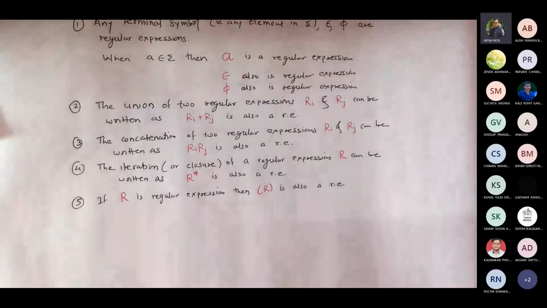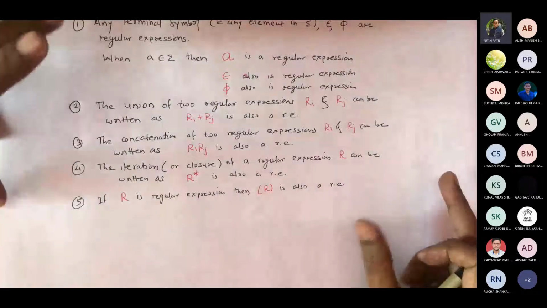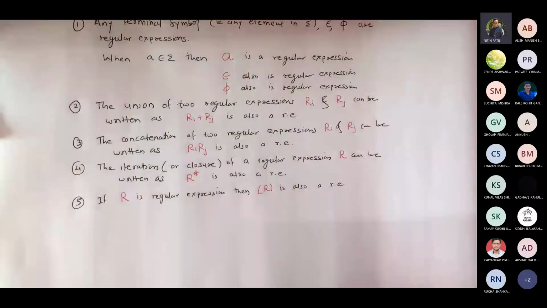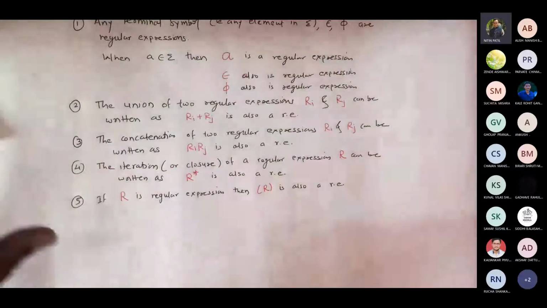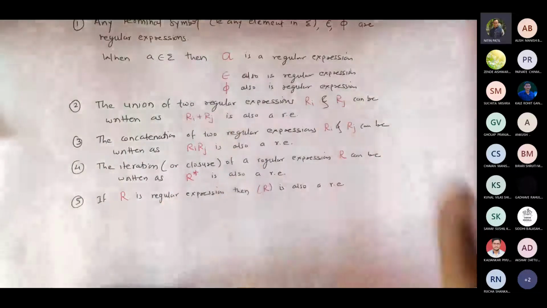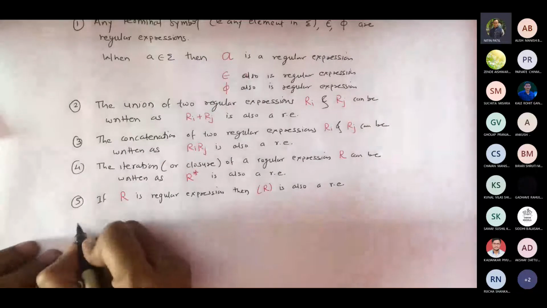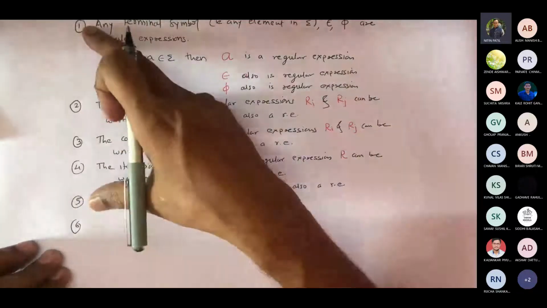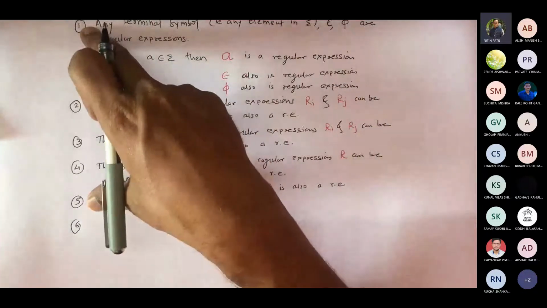Fine. Now you apply 1 to 5 in combinations. Whatever combinations you want, 1 to 5. We'll now write the sixth one, which works on this 1 to 5.